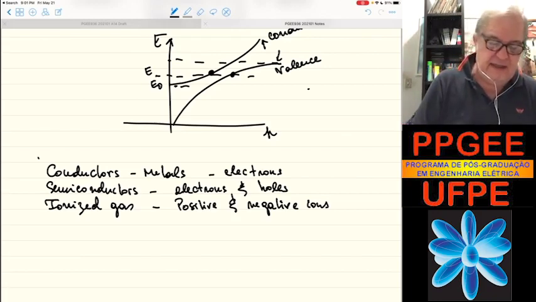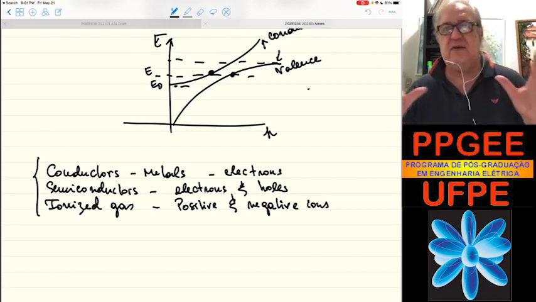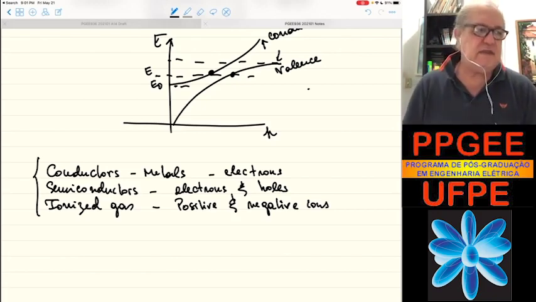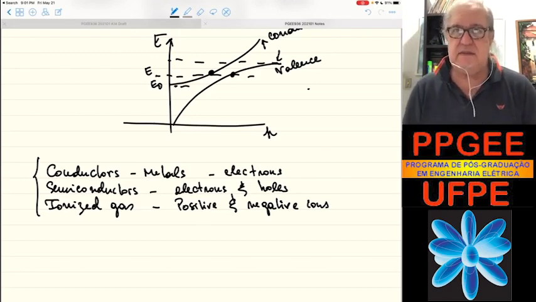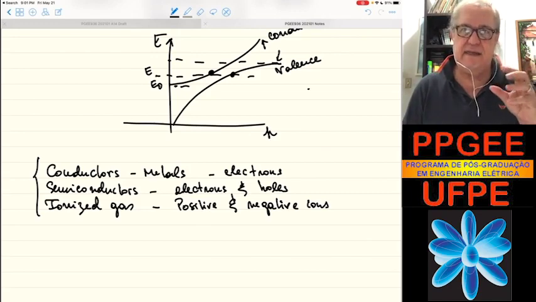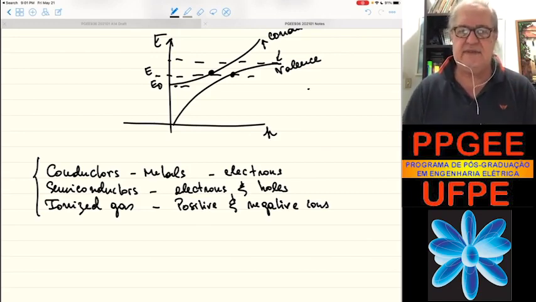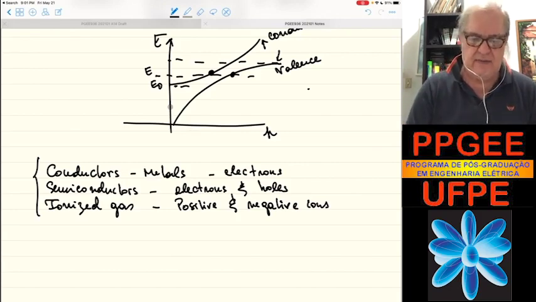So even though we are talking about traditional conductors and semiconductors that are used in electronics, for instance, we also can consider the electromagnetic interaction in an ionized gas. We can have the same quantities that we're going to talk about.